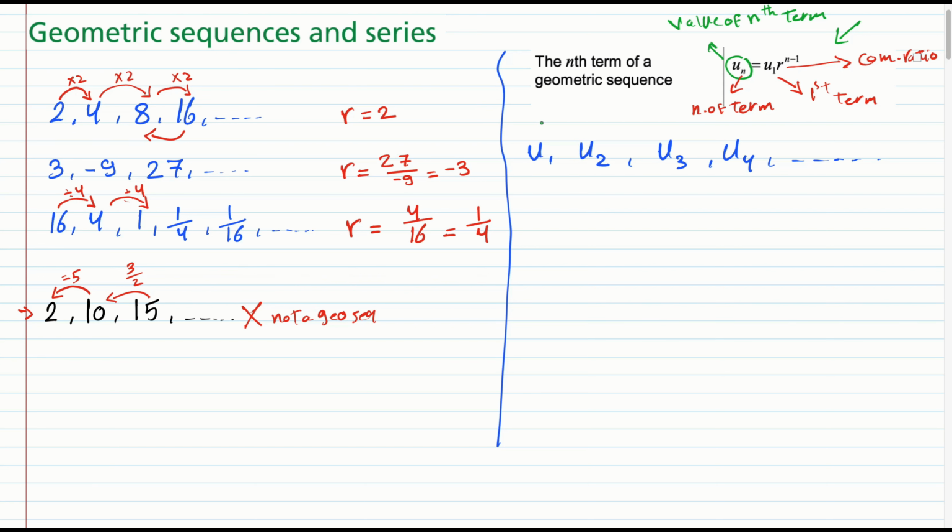So U2 is U1 multiplied by R. U3 is U2 multiplied by R. U4 is U3 multiplied by R. To relate every term to the first term, U2 is U1 R, and U3 is U1 R power 2, U4 is U1 R power 3. This is going to help you to answer most of the questions on geometric sequences.